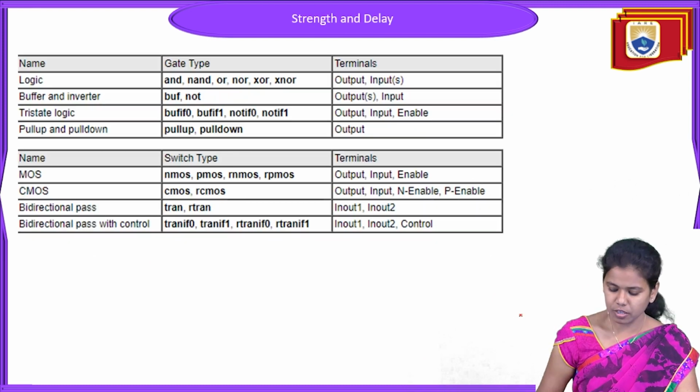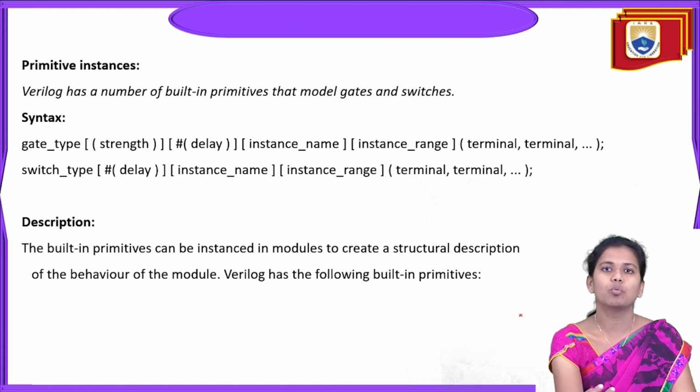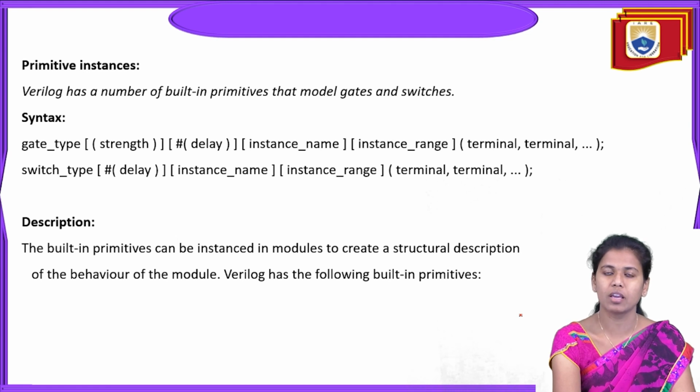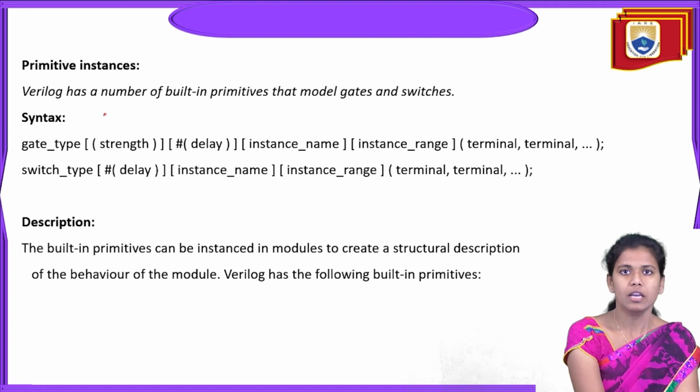And then coming to the primitive instances. So what are the primitive instances? As Verilog is a case sensitive language, it has some libraries. In the Verilog library, we have different types of primitives: logic primitives, gate primitives, instances and so on. So the primitive instances are nothing but the built-in primitives Verilog has.